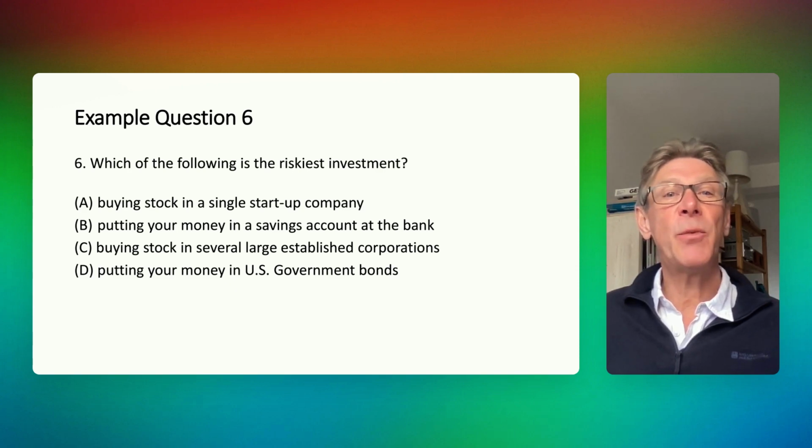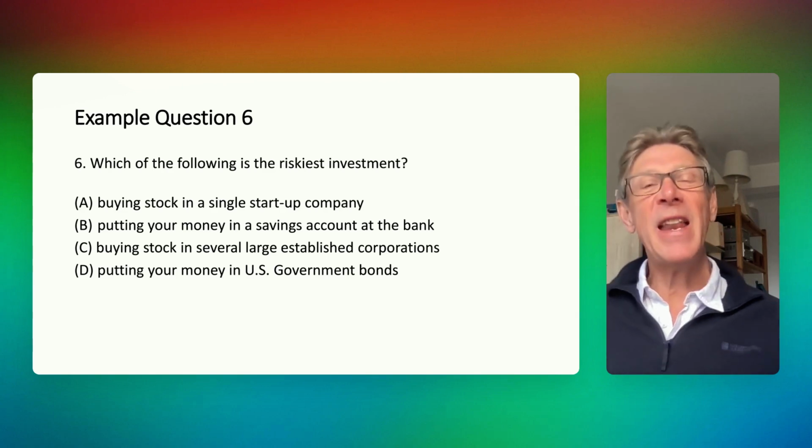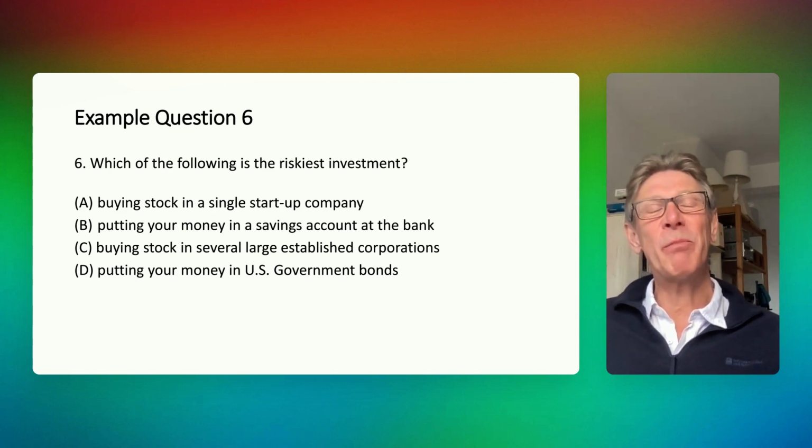Question 6, which of the following is the riskiest investment? Buying a stock in a single startup company, putting your money in a savings account at the bank, buying stock in several large established corporations, or D, putting your money in US government bonds. Well, if anyone's going to pay you back, the US government's probably going to pay you back.